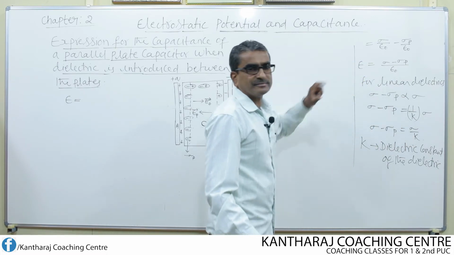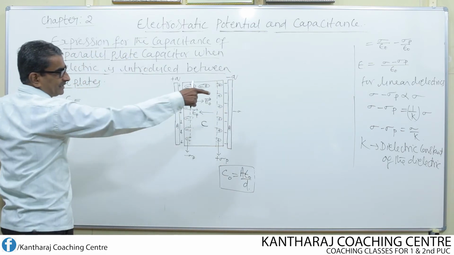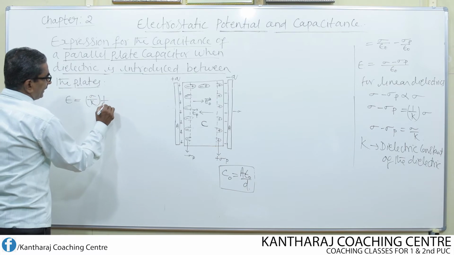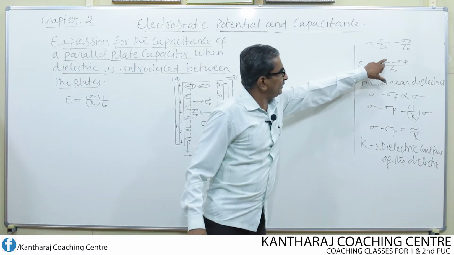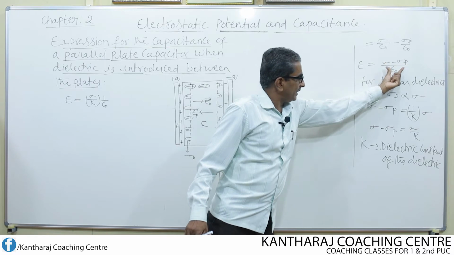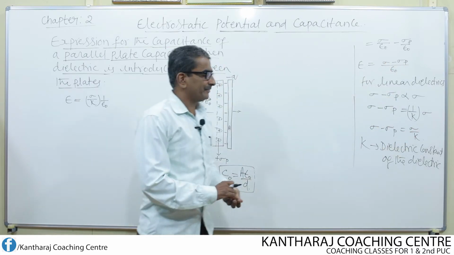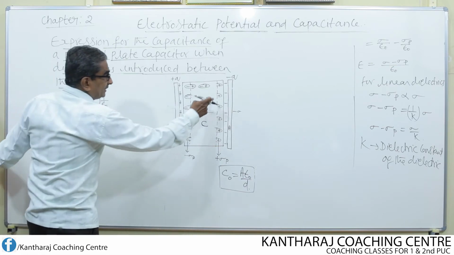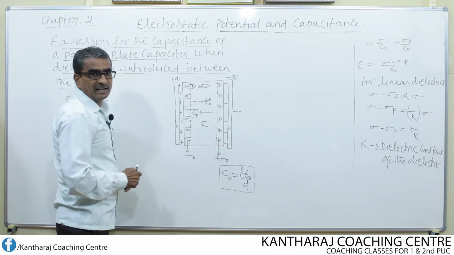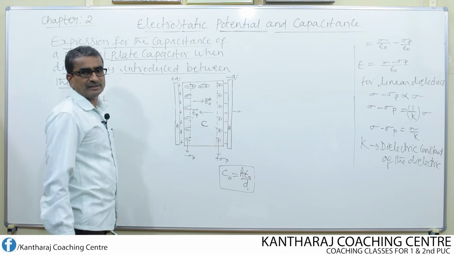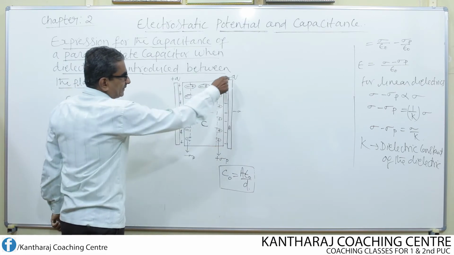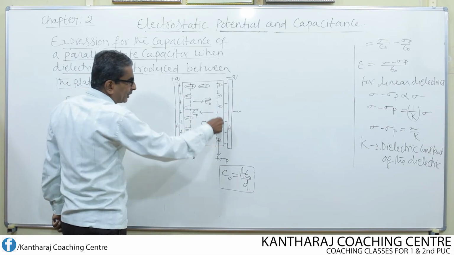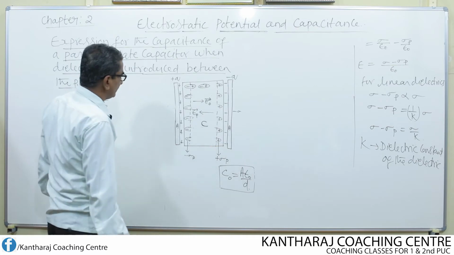So sigma minus sigma p can be written as sigma by k, into 1 divided by epsilon naught. This is the net electric field that exists inside the dielectric as a result of two electric fields. One is due to the charges on the plate, and the other is due to the polarized charges of the dielectric.